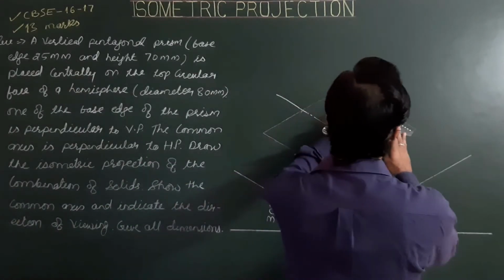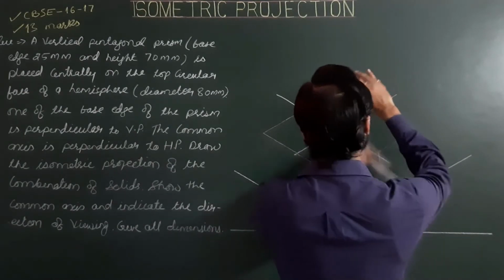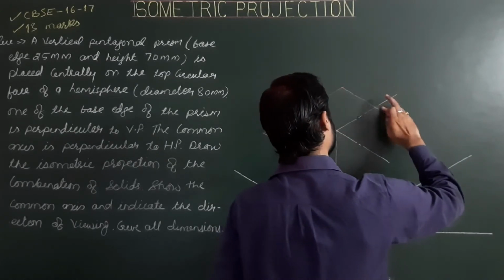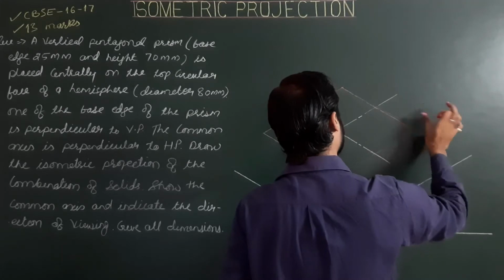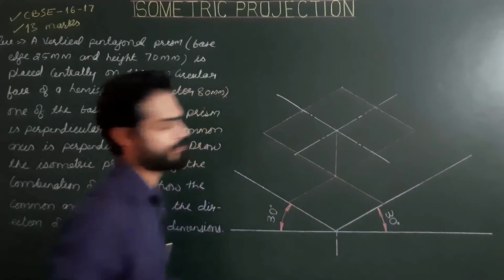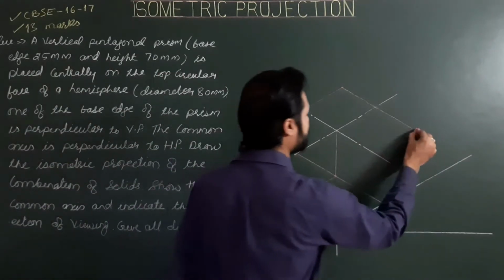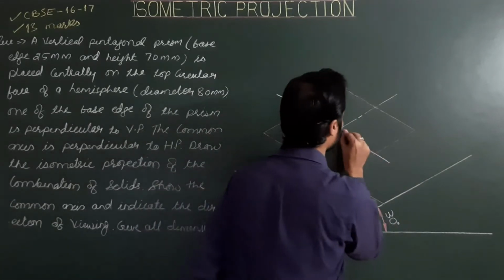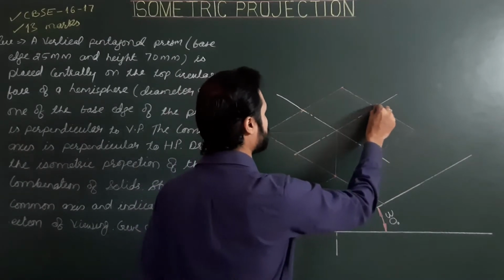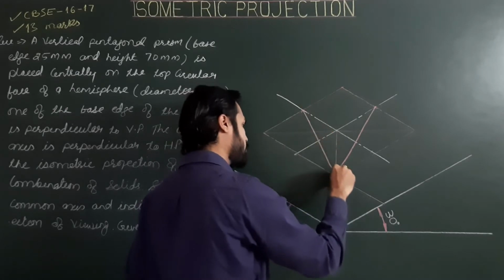Next, using the 4 center method, we are required to draw the isometric projection of the circle, an ellipse, in the projected square. So first step, joining opposite corners of the square, the longer or larger diagonal. Then from the midpoint to the opposite corner, drawing lines from the midpoint to the opposite corner.